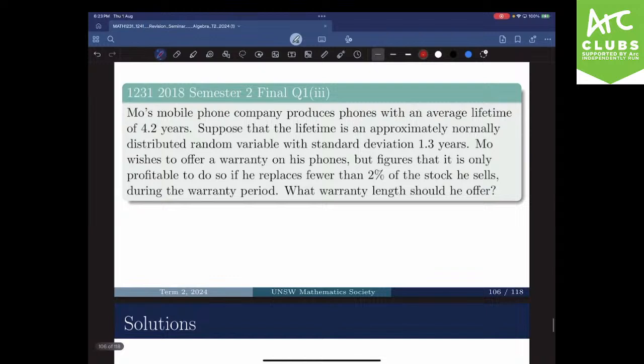So let's say I let this warranty length be t. In other words, what this question is asking me to do is find the probability of X being less than or equal to t. So for my random variable X, I want this probability to be less than 0.02. If this occurs less than 0.02 of the time, he's happy. But the issue is, how do we figure that out? What we do here is standardize it.